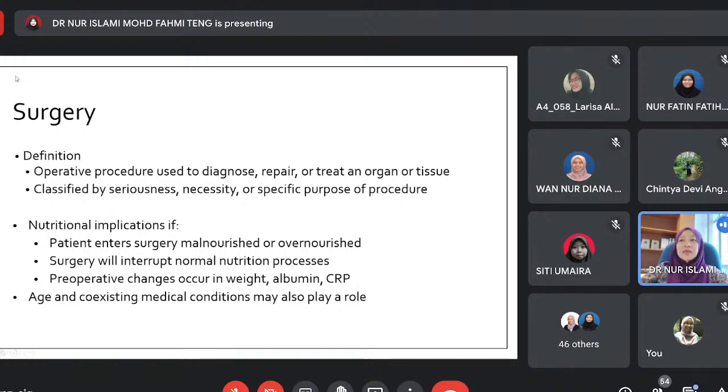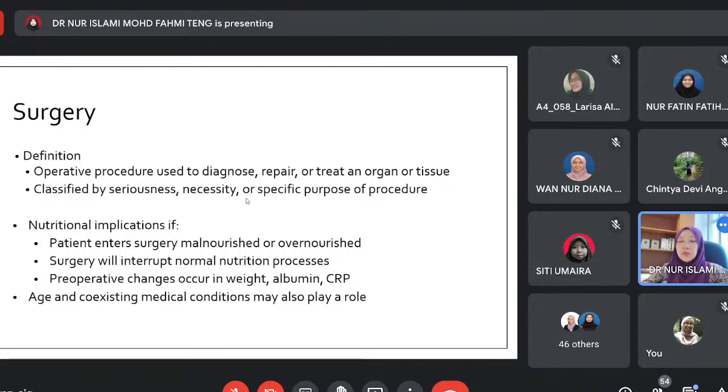So that's why when we talk about MNT for surgery, usually we look at MNT pre-surgical and also post-surgical. We must manage both, because those who go for surgery with many complications will face more dangerous implications from the surgery. Other than the nutritional status, age and also coexisting medical conditions may play a role.